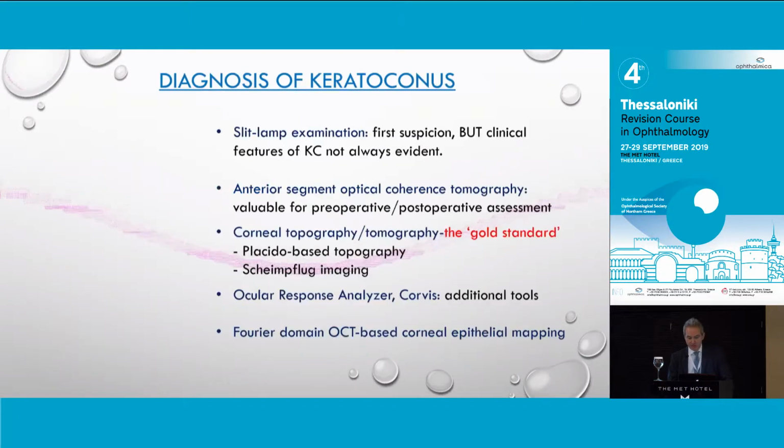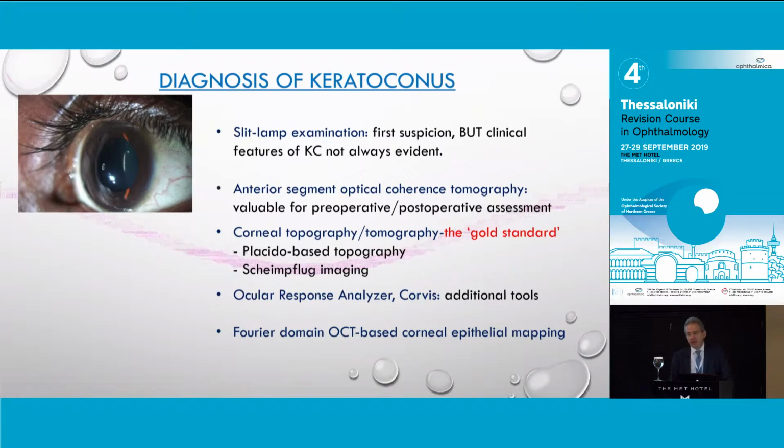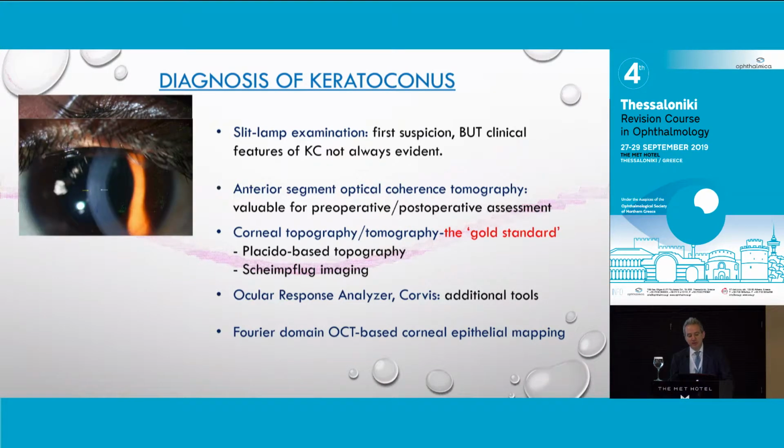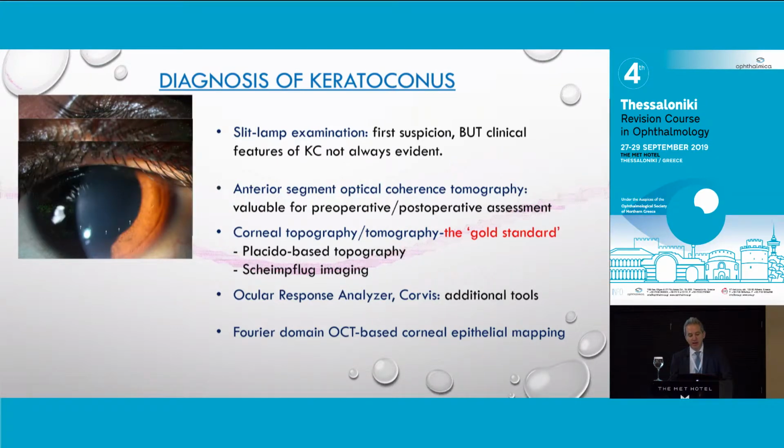Now, how do we diagnose keratoconus? Slit lamp examination is not adequate for early diagnosis. By the time we observe the Vogt striae and the apical haze and maybe the Fleischer ring, it's already advanced. So slit lamp examination is for assessing the late stage of conus.